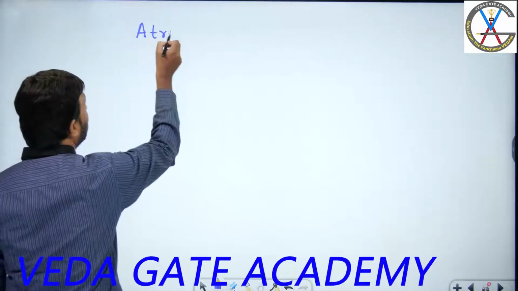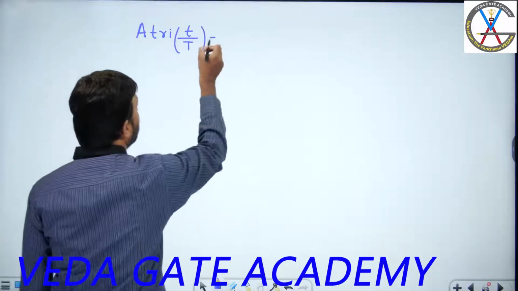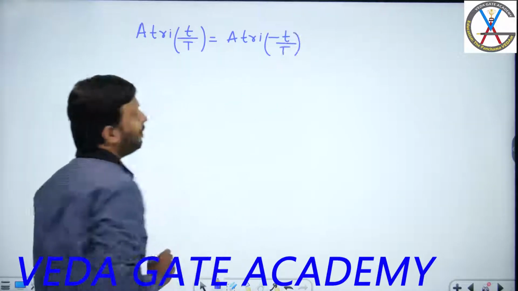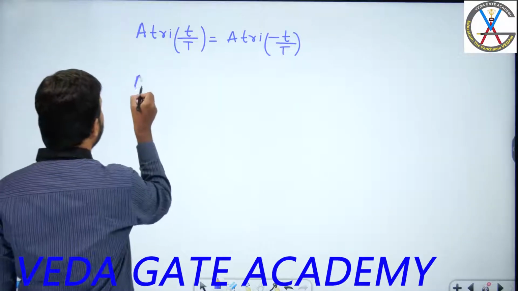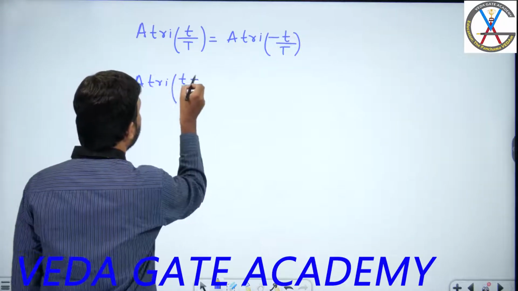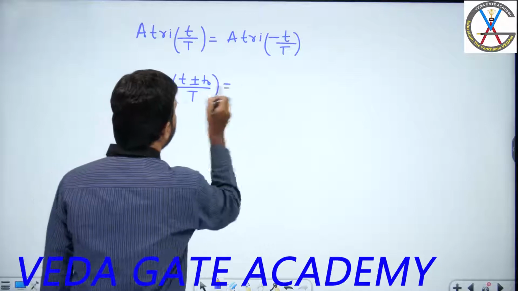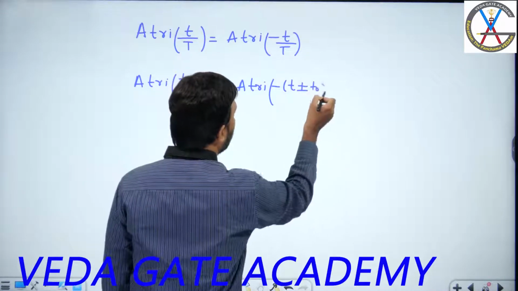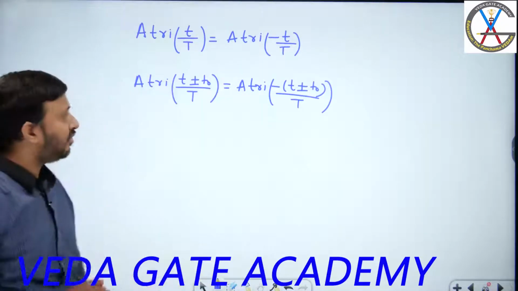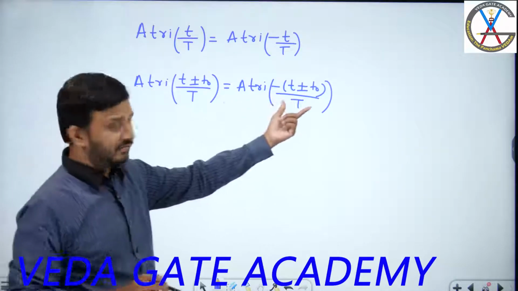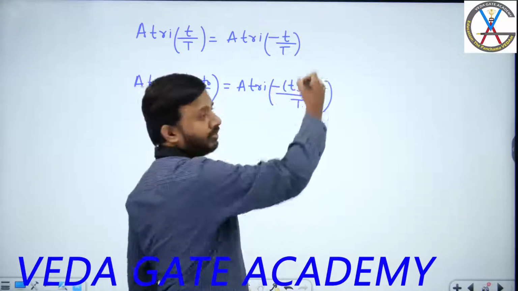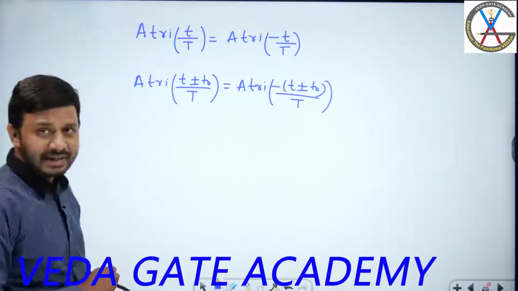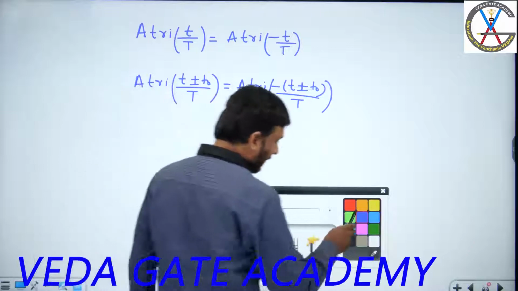A tri of t by T can be written as A tri of minus t by T. If I replace t with t plus or minus t naught, A tri of (t plus or minus t naught) by T is equal to A tri of minus (t plus or minus t naught) by T. So whenever you have this kind of expression, you can simply ignore the negative sign because the triangular pulse is an even signal. So this is about time reversal.